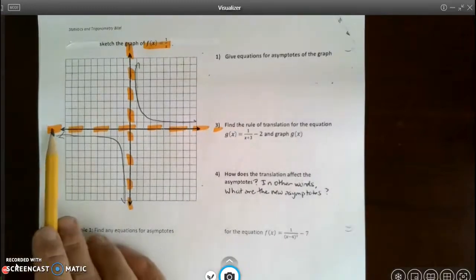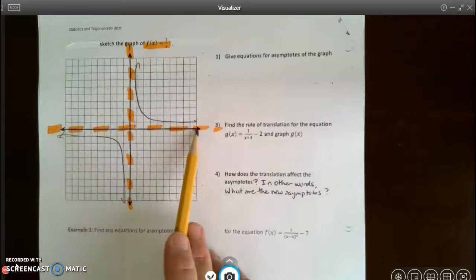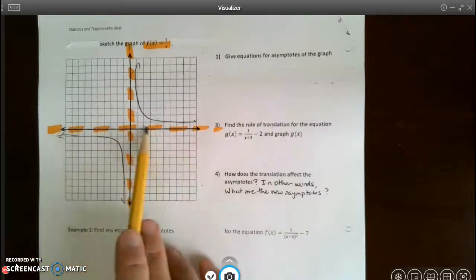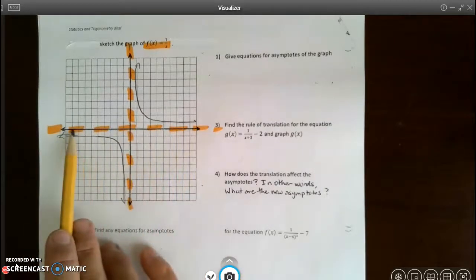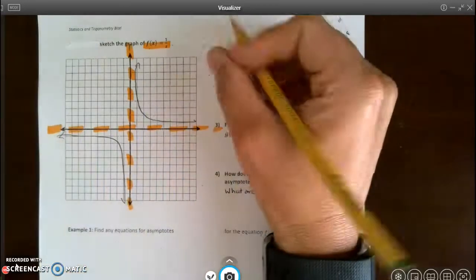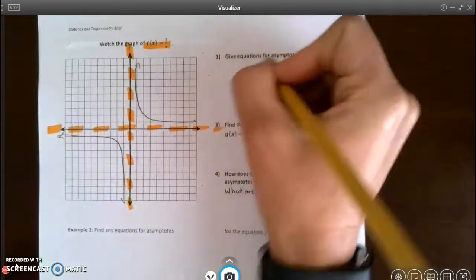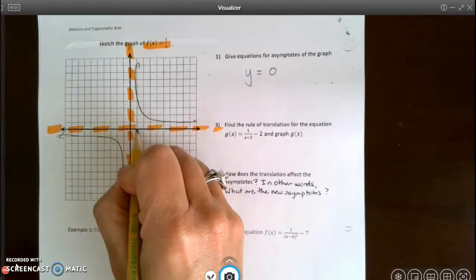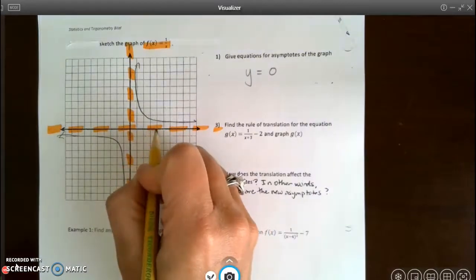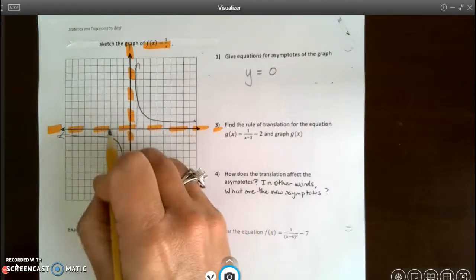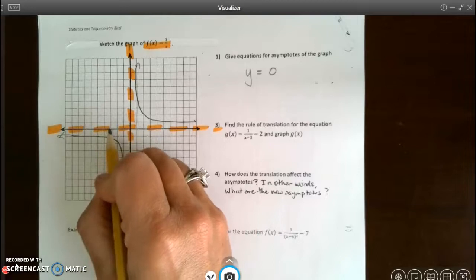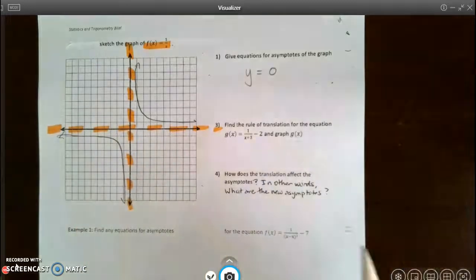Well, this horizontal line here, on every single ordered pair of this horizontal line on the x-axis, y equals 0. So right here we have the point 1, 0. Here we have the point 4, 0. Here we have the point -3, 0. In every one of them, the y coordinate is 0, so we call this line y equals 0.